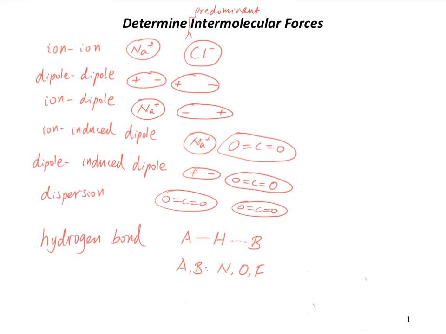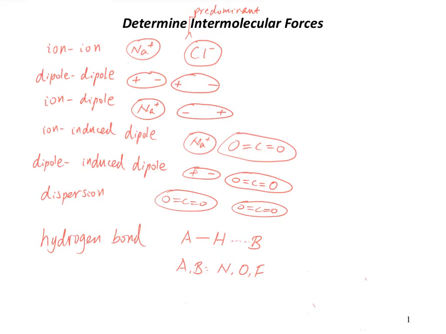Predominant means there are many forms of intermolecular forces, so which one is the most important one? The most important one means the strongest. If you have ions, then we will not consider dispersion because it's so weak compared to ion interactions. So to determine the predominant intermolecular forces, we need to decide: do we have ions?